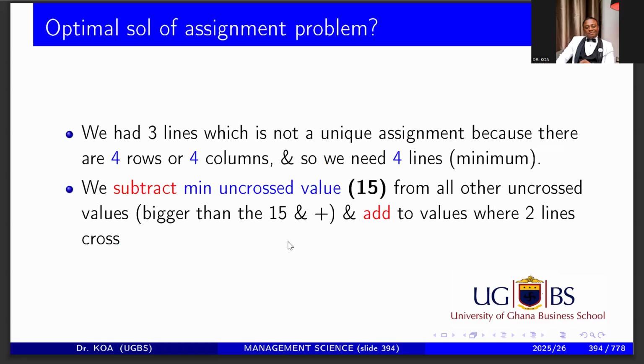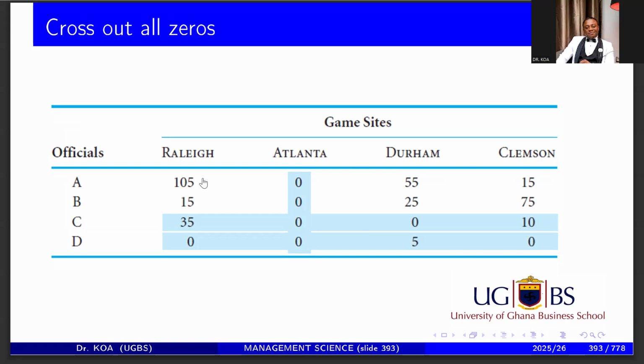Okay, so this is what you get. So you can see that here, whatever we have here, you subtract it here, you add it there. Okay, you subtract it here too. Here, 35 you add because it has been crossed already. Okay, here you add, here you add, here you add. So this 25, this 5 becomes 20.